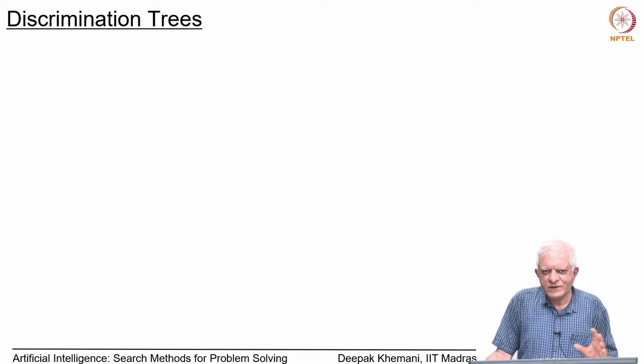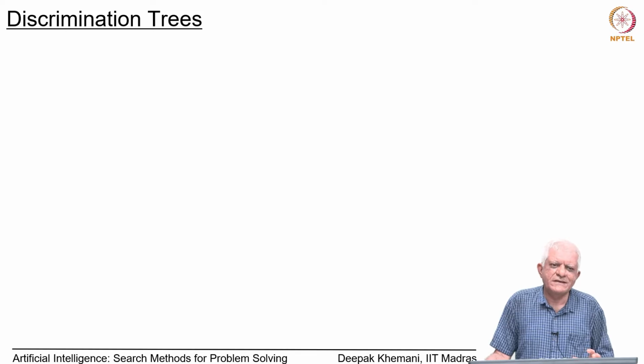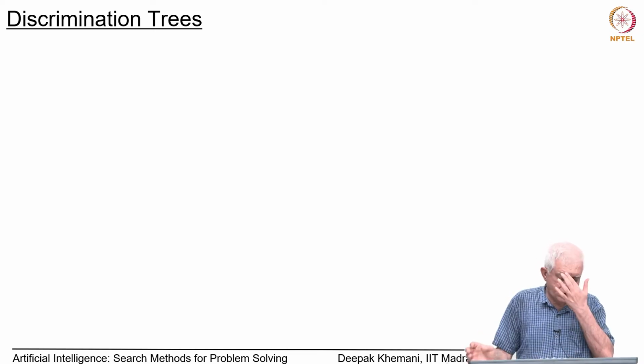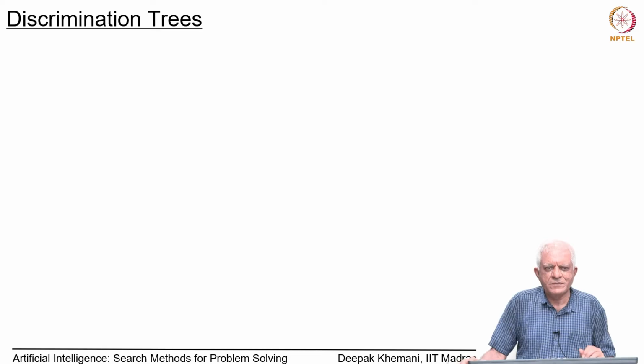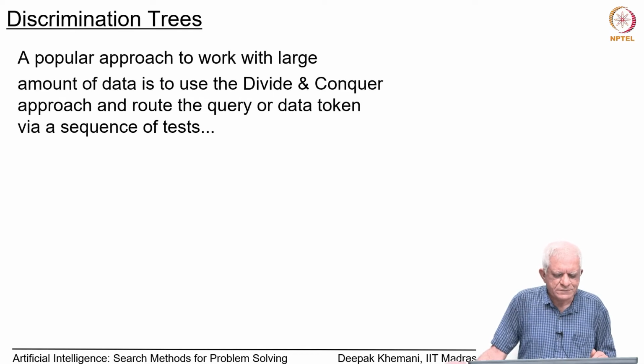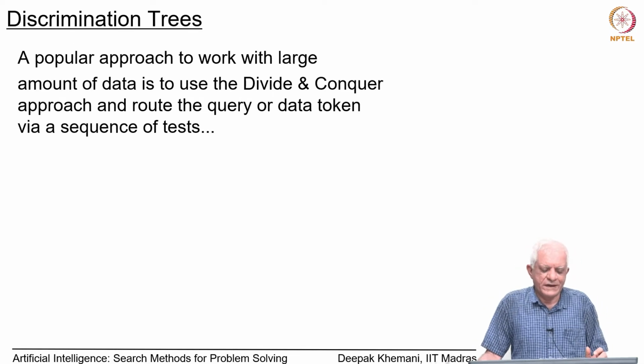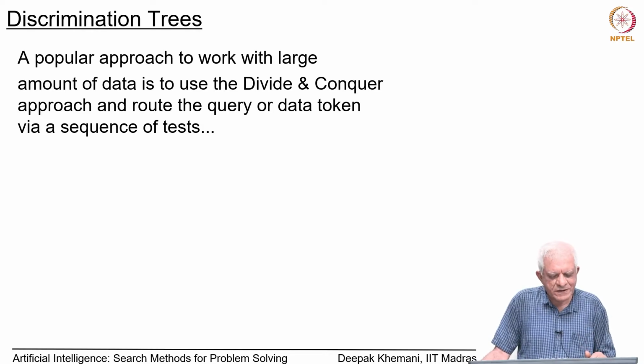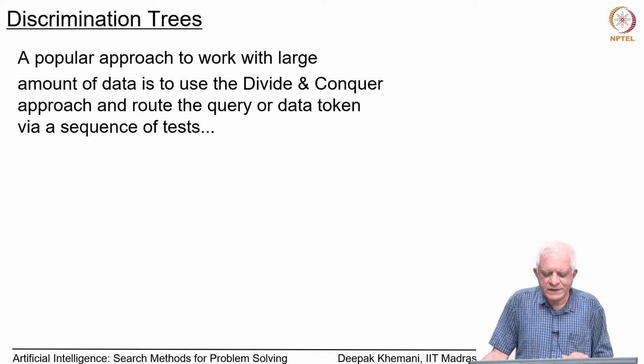If you take the analogy from the blood vessel network that we were talking about, it is like saying that from the heart you send out blood and it goes all over the body looking for various organs to replenish with oxygen. Anyway, in computing, a popular approach to work with large amounts of data is to use a divide and conquer approach and route the query, or data token, via a sequence of tests.